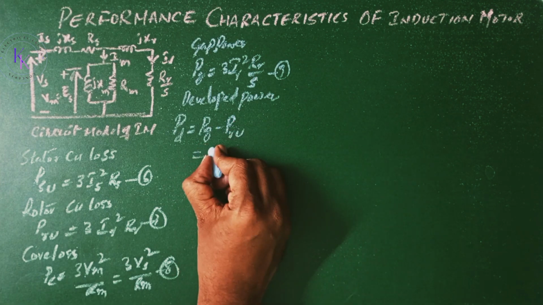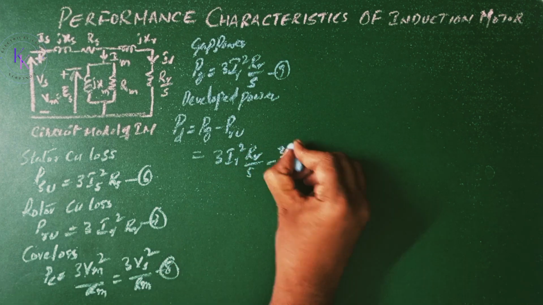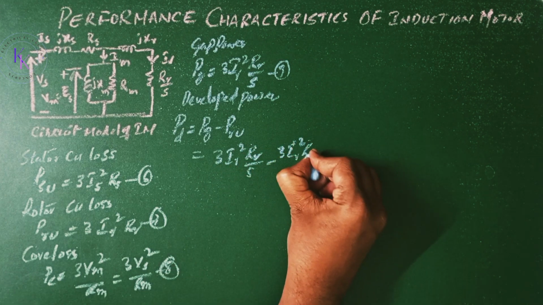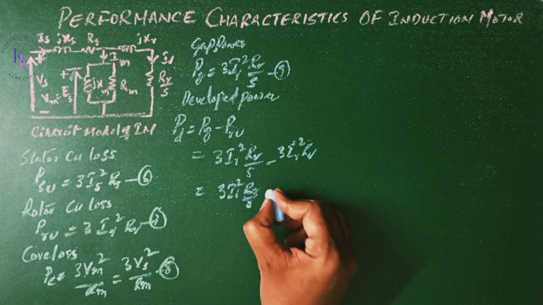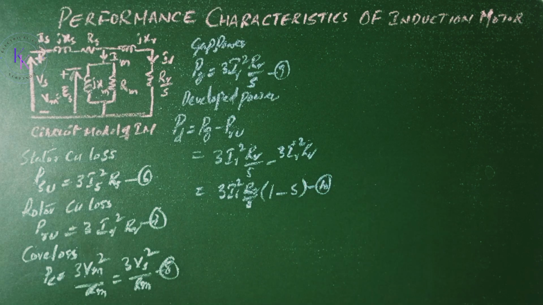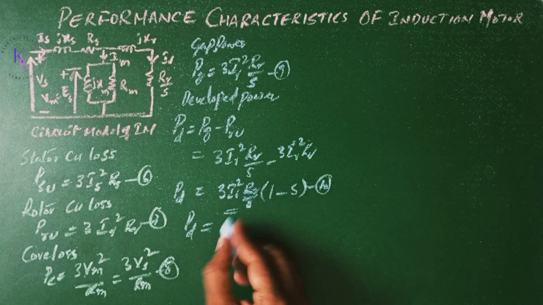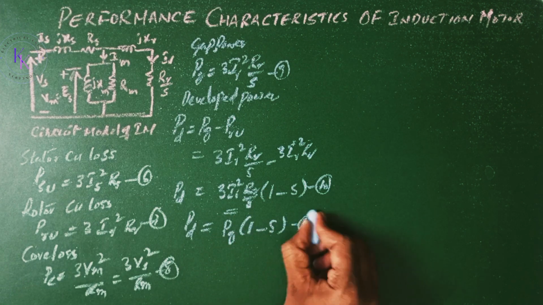Then substitute these values: 3 IR square RR by S minus 3 IR square RR, which is 3 IR square RR by S of 1 minus S. That is equation number 10, which we can write as developed power PD equals PG of 1 minus S, let it be 11.